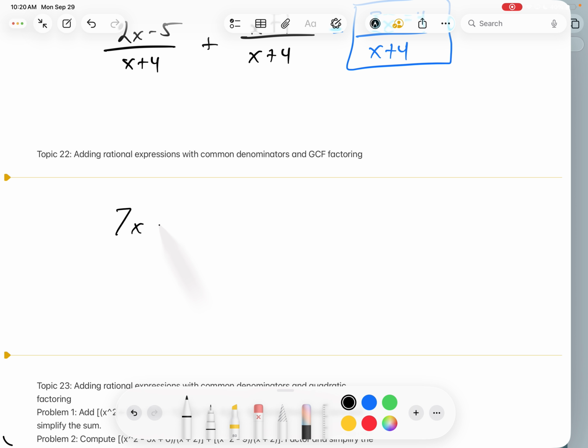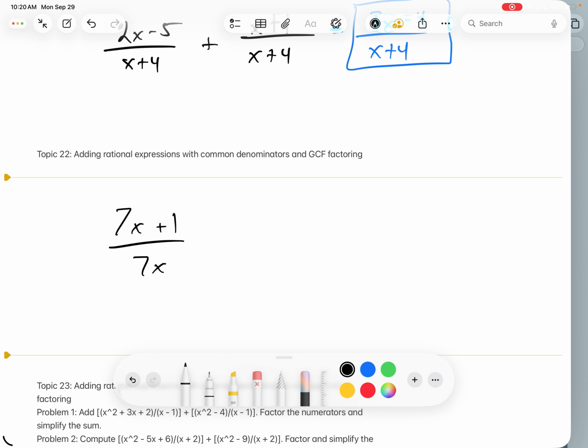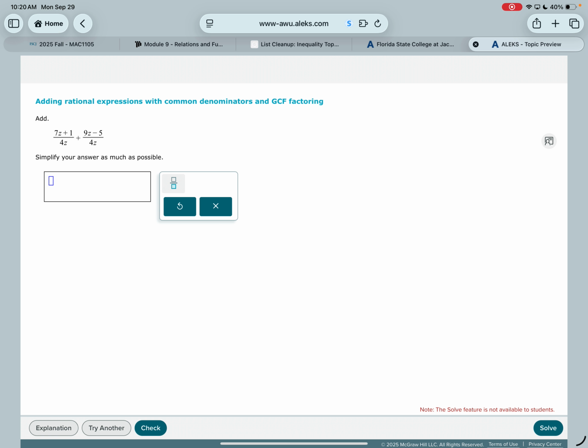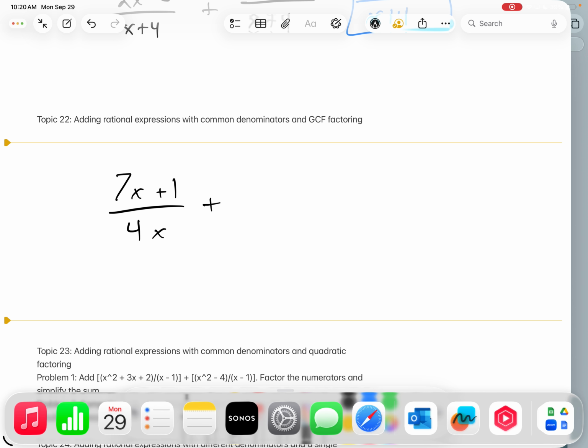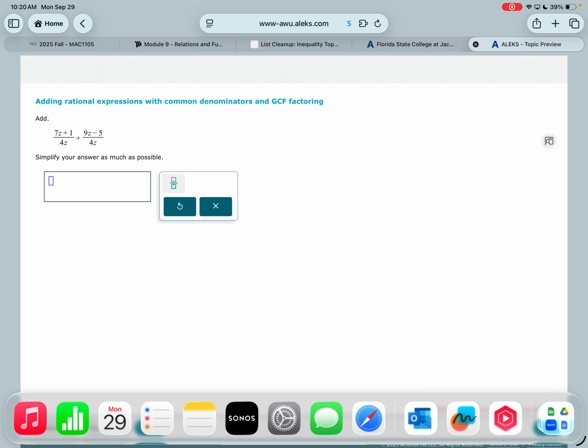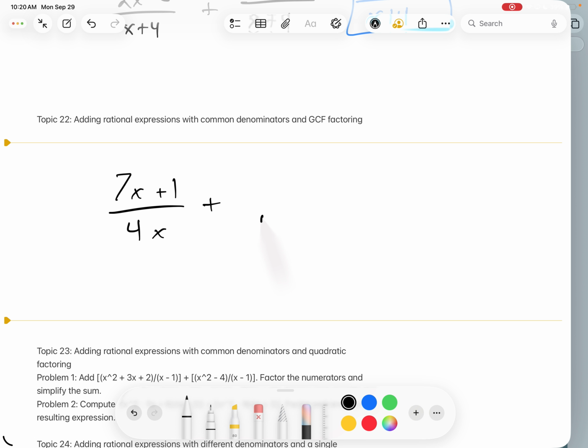I'm not doing z. 7x over 4x, wasn't it? I don't want to do 4s or z's and 7s. 9, negative 5, 4.